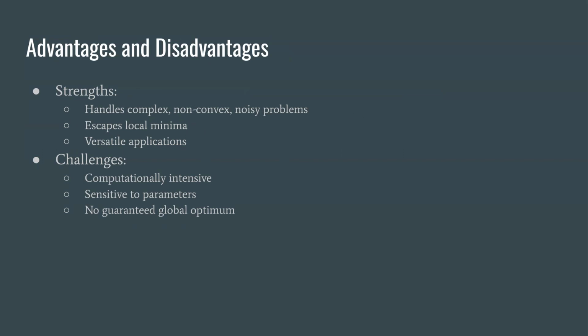However, they also have challenges. Randomized approaches can be computationally intensive and sensitive to parameter settings. Moreover, there's no guaranteed convergence to the global optimum. So this can be a limitation in certain scenarios.